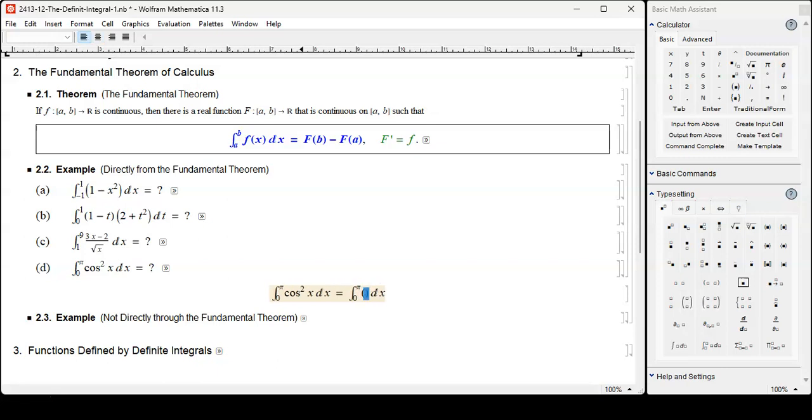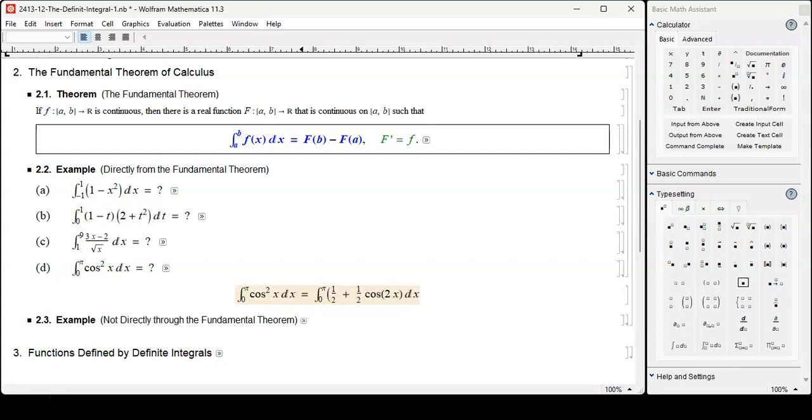So cosine squared function can be rewritten as 1/2 plus 1/2 cosine of 2x, called power reduction identity, or double angle identity, or half angle identity, whatever you may call. And then what you want to do is antiderivative, and then plug in 0, plug in pi, subtract one from the other, and then you're going to get what you want.